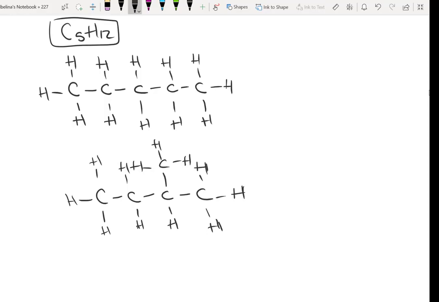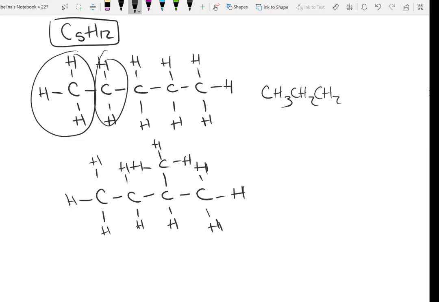So if I wanted to write the condensed formula for this isomer at the top, the linear isomer, it'd be CH3, right, for this first methyl, CH2, CH2, CH2, CH3. So there's the condensed formula.